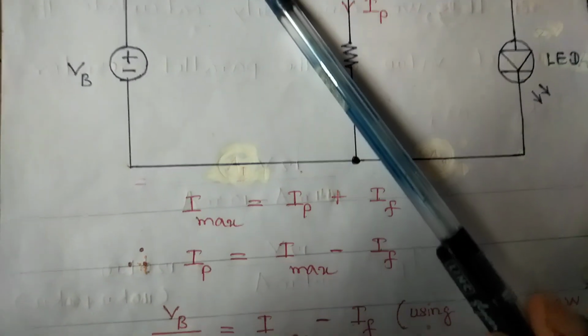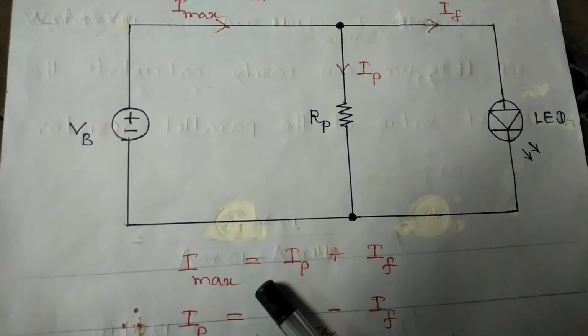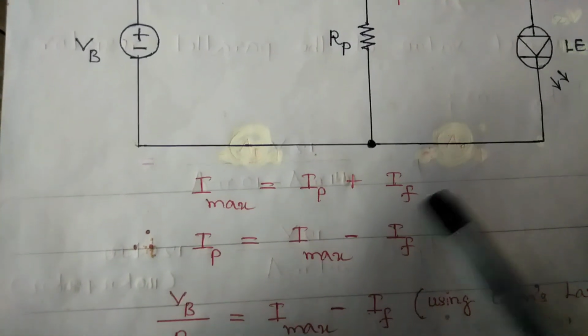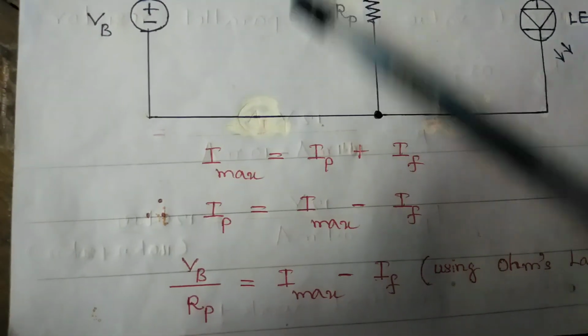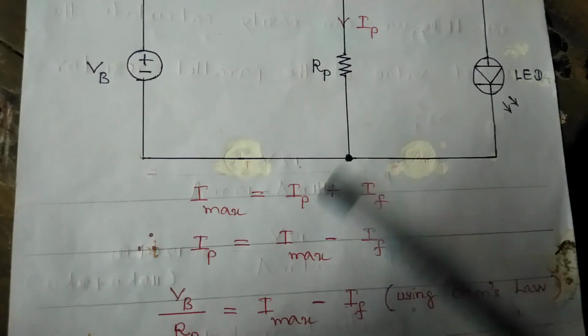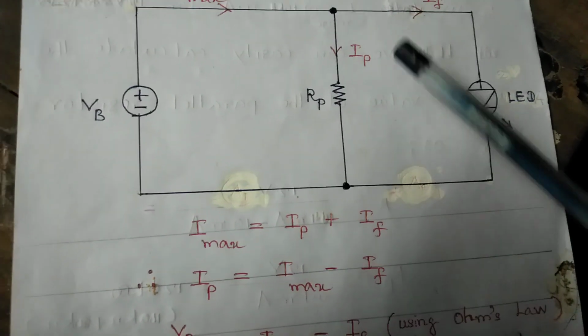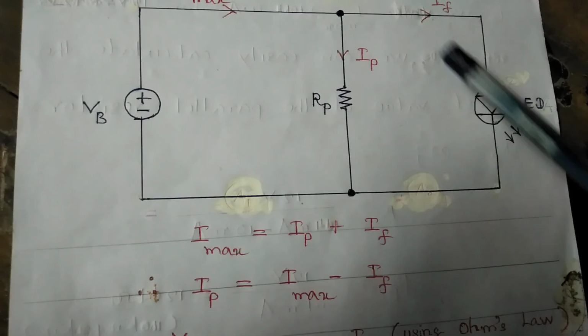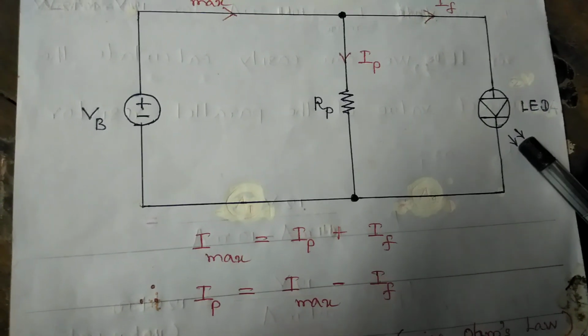So we can easily write for the maximum current passing through the circuit, Imax equals IP plus IF. This Imax is the maximum current passing through the whole circuit. This IP is the current passing through the resistor RP, and this IF is the forward current across the LED.